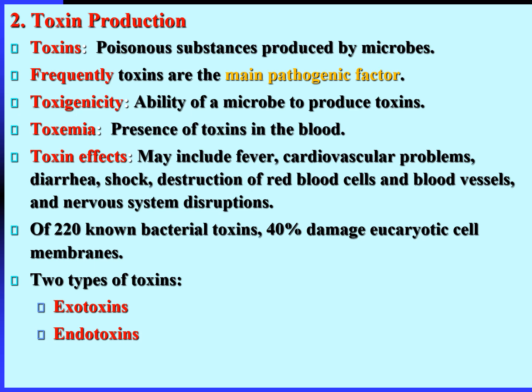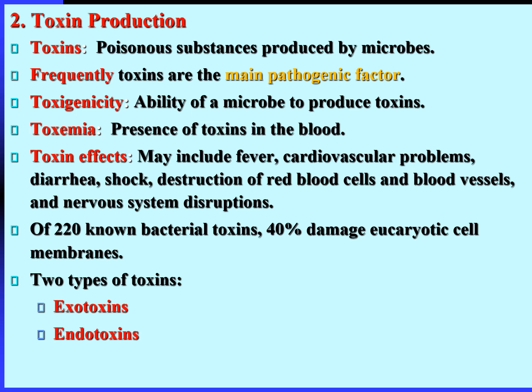Bacterial cells can damage host cells either by direct damage or toxin production. Toxin: what is a toxin? A toxin is a poisonous substance produced by the microbe. Frequently, toxins are the main pathogenic factor, or the main virulence factor. Toxigenicity is the ability of the microbe to produce toxins.